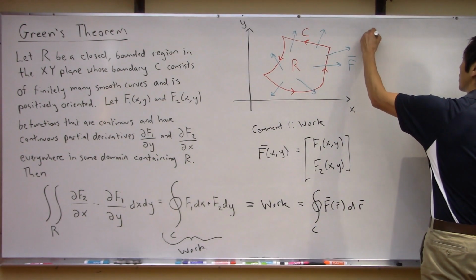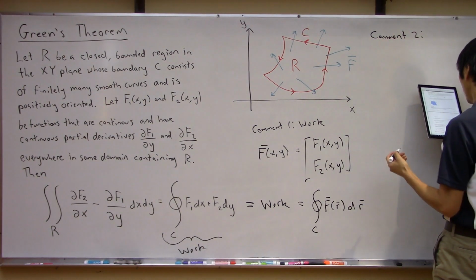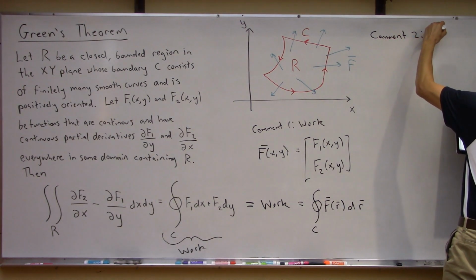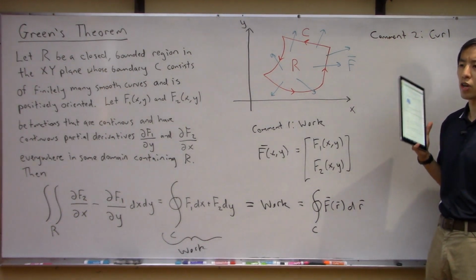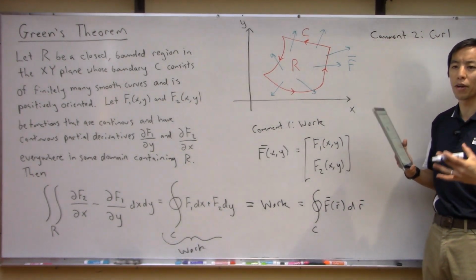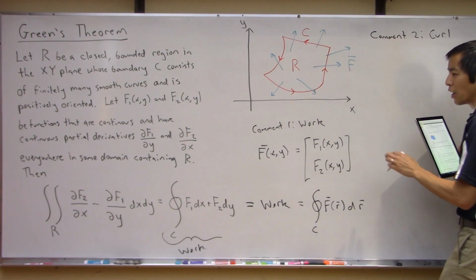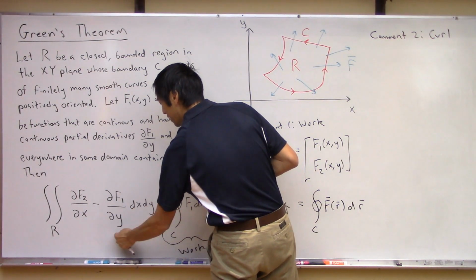Let's look at another comment. Let's look at how this might be related to the curl. You remember we had another dedicated video talking about the curl operator. We saw that the curl operator was a vector operator on a vector field, and it had a term that looked really similar to this right here.